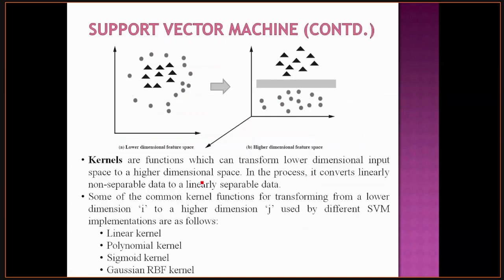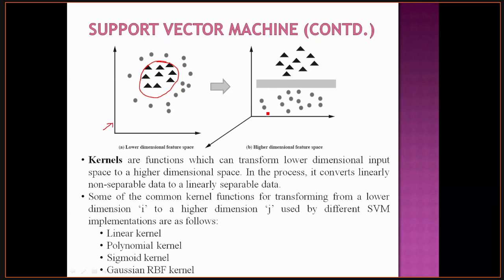In case the data is not linearly separable at a particular dimension, say for example here, it looks like it is non-linear, we need to come up with some non-linear decision boundary. So how do we do that? It might have a non-linear boundary at a lower dimensional feature space.